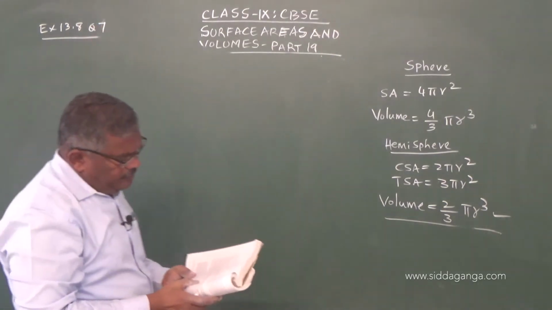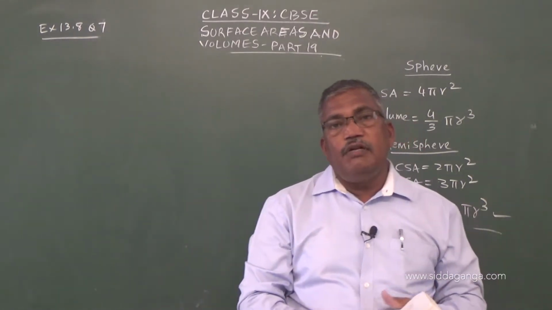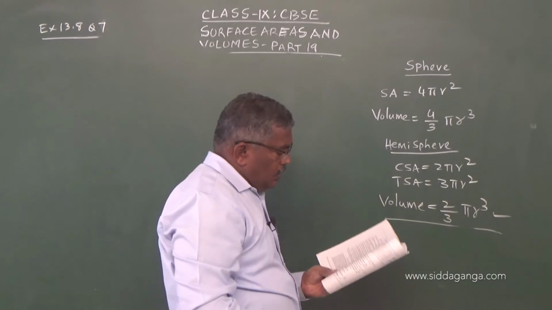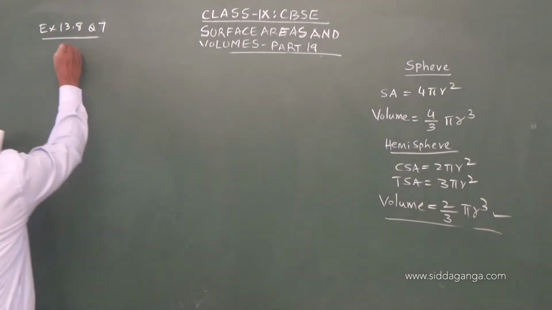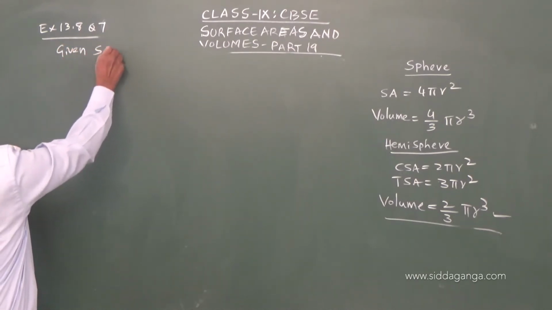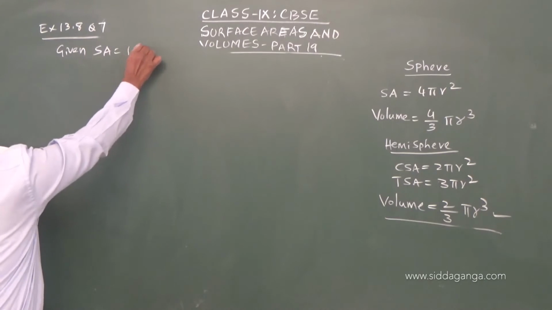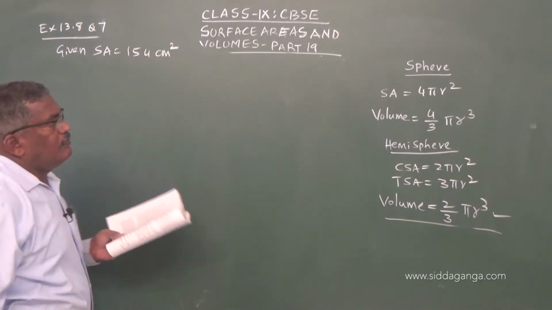Question number 7. Find the volume of a sphere whose surface area is 154 centimeter square. So given surface area 154 centimeter square.